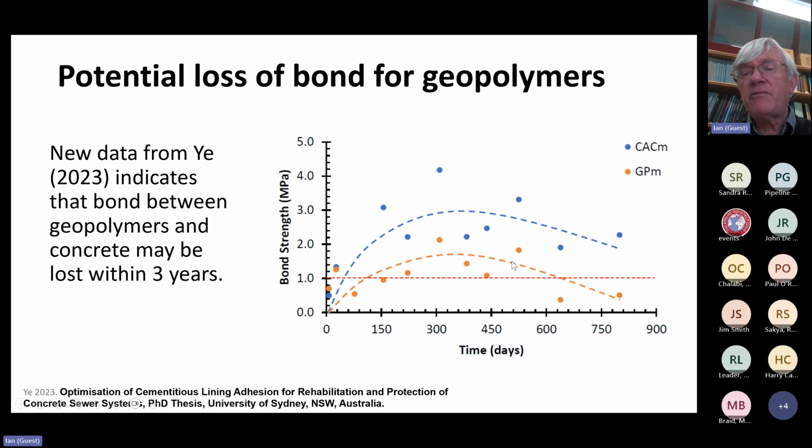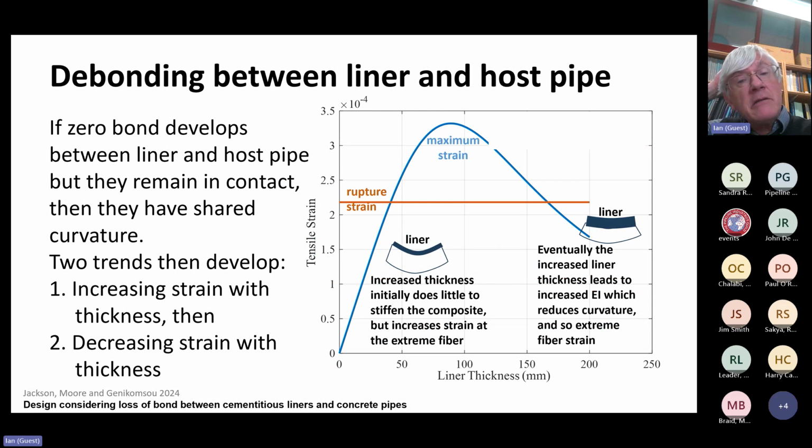And so this data prompted us to look at that assumption of bond between the sprayed liner and the reinforced concrete structure. And what we find is that if you have an assumption of zero bond for your design calculations, at very small thickness of liner, the liner will adopt the same curvature as the host pipe, and the liner will do very little to restrain that curvature.